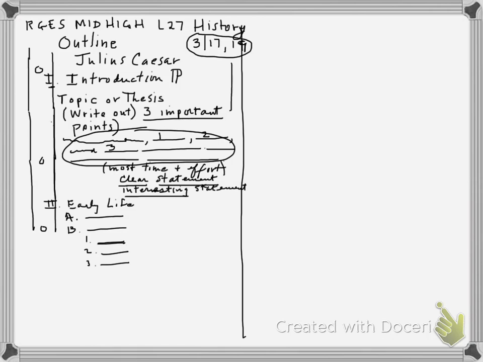Under B, you've got these 3 points. So the idea is you keep these capital letters straight up and down the page. These ordinal numbers, 1, 2, and 3, are straight up and down. And of course, the Roman numerals 1, 2, 3 are straight up and down.